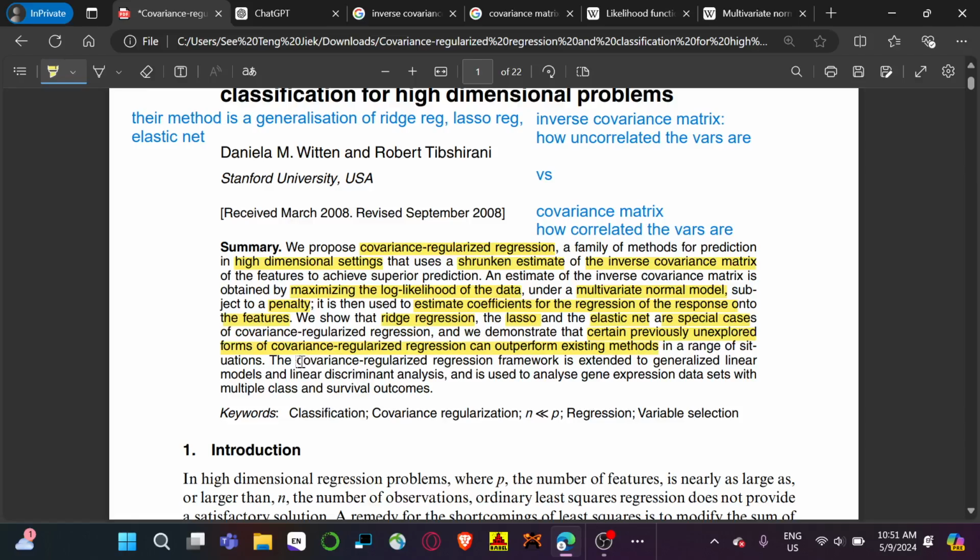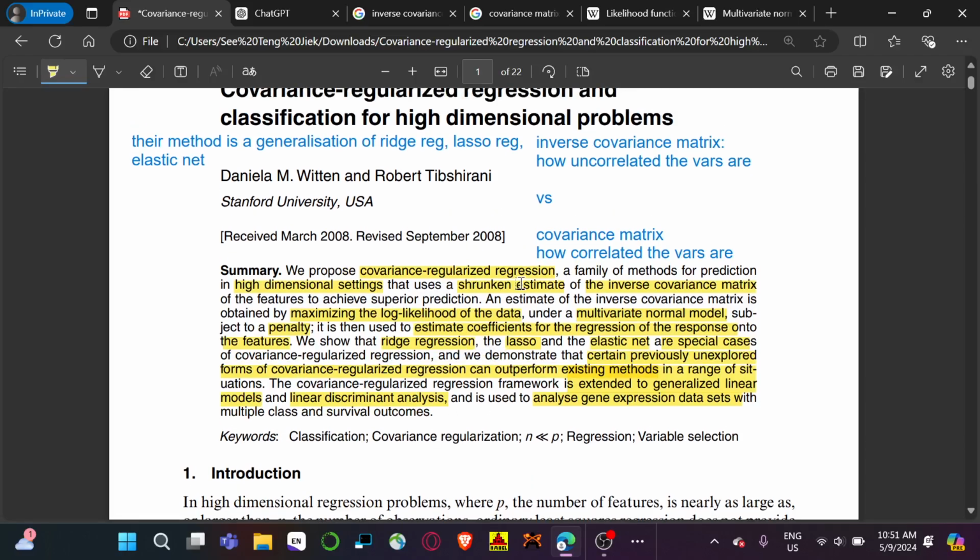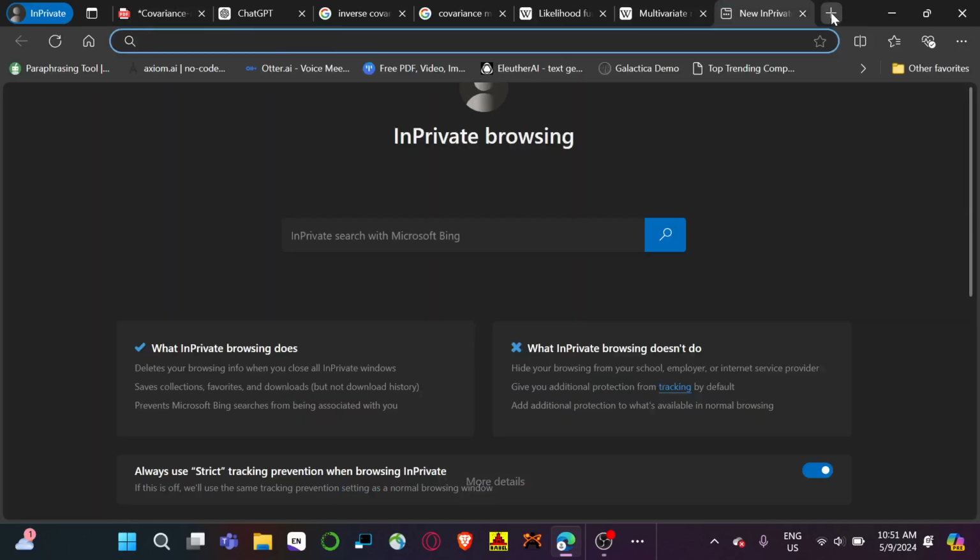So let's see, the covariance regularized regression framework is extended to generalized linear models, typically called GLM. All right, so this is extended to GLMs and linear discriminant analysis (LDA), and they use it to try and predict a real-world gene expression data set with multiple class and survival outcomes. Okay, so there's a whole bunch of terms right here, but I will go through them fairly quickly.